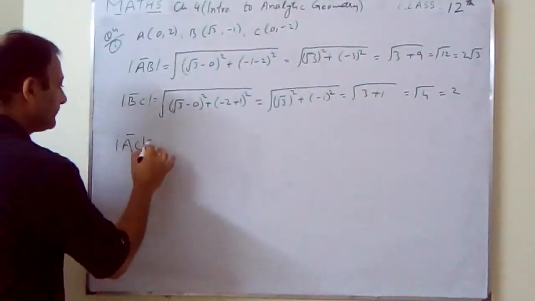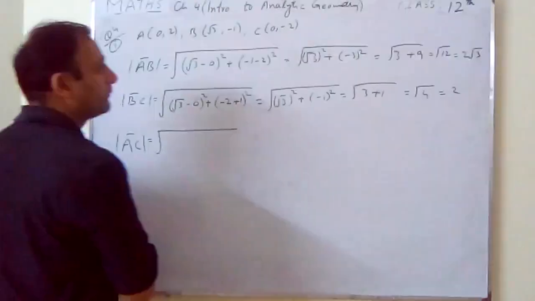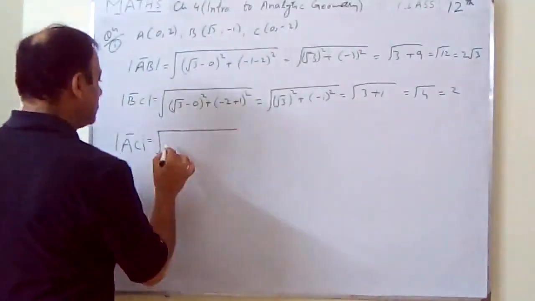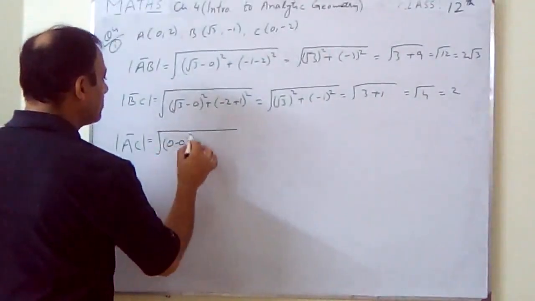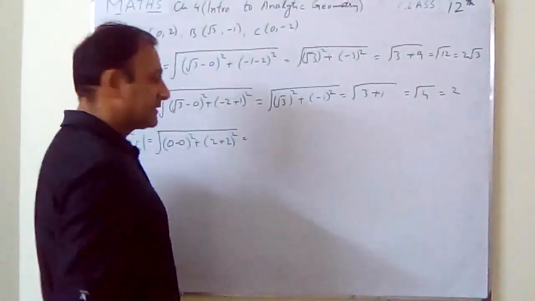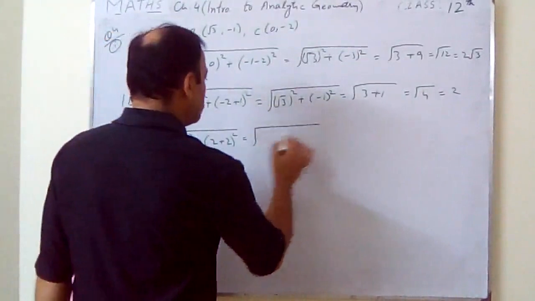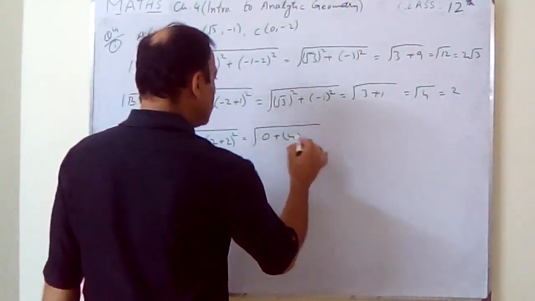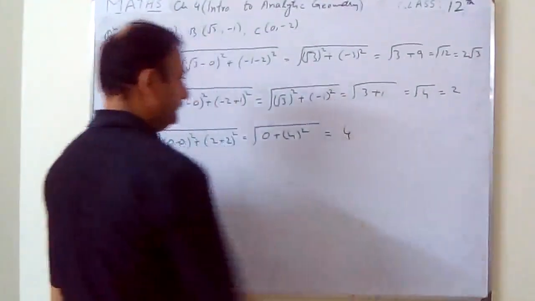AC is √((0 − 0)² + (2 + 2)²), that is √(0 + 4²), that is 4.